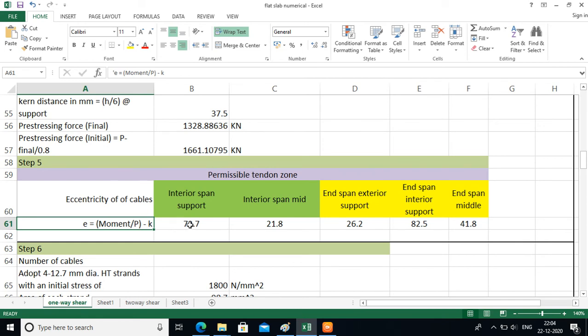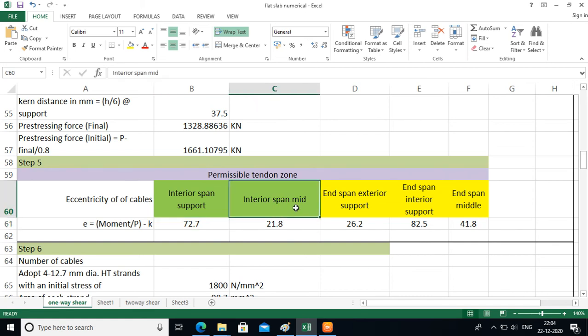So with the help of this formula, we get the eccentricity at the interior span support as 72.7, and the eccentricity for the interior span mid is 21.8 mm. For the exterior panel we have three eccentricities: the end span exterior support is 26.2, and the end span interior support eccentricity is 82.